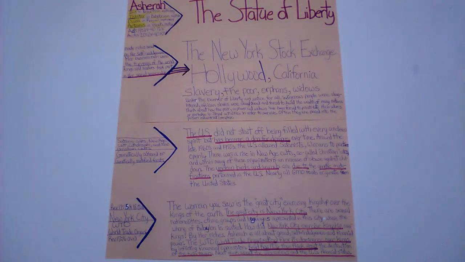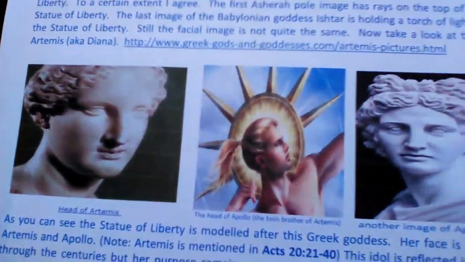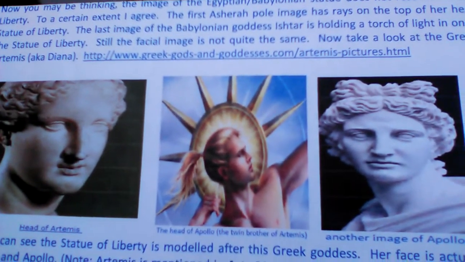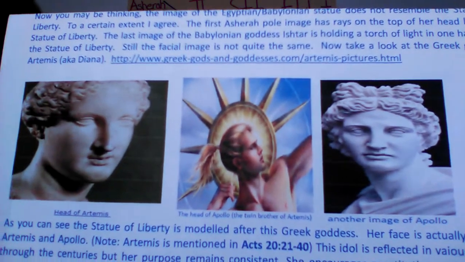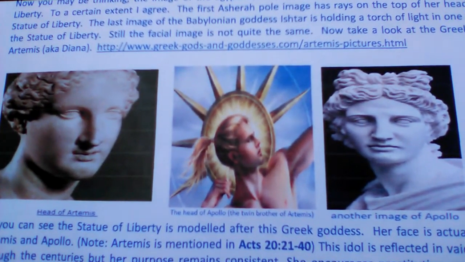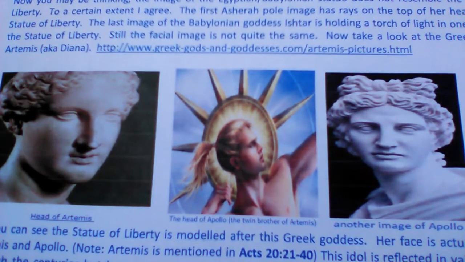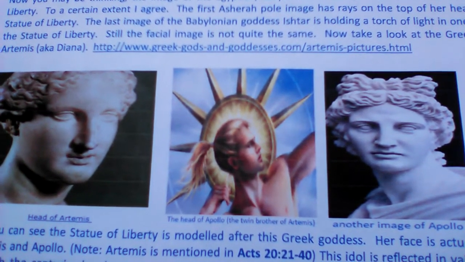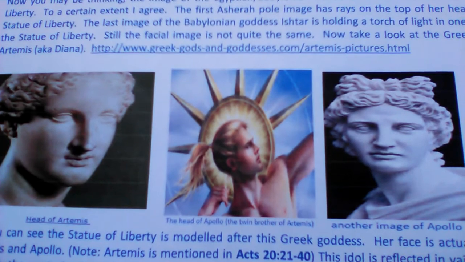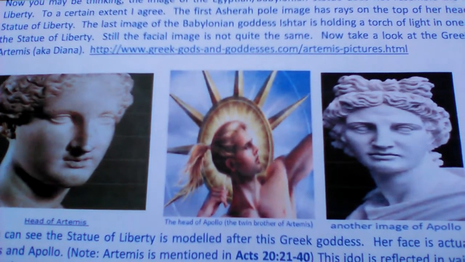Now you may be saying, okay, that doesn't look facially like the Statue of Liberty. Now look at these images here. These are statues that represent Greek and Roman goddesses. In Greek mythology, she's known as Artemis.